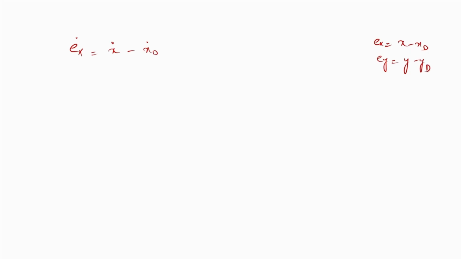So we directly take the derivative, and similarly ey dot will be y dot minus y desired dot. Now I will substitute these values in the body frame tracking errors. So this will become equal to, let me rewrite this equation so we can do it much better.